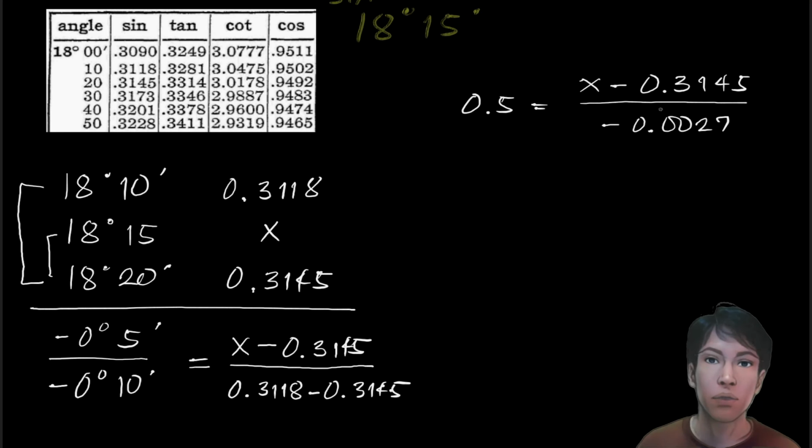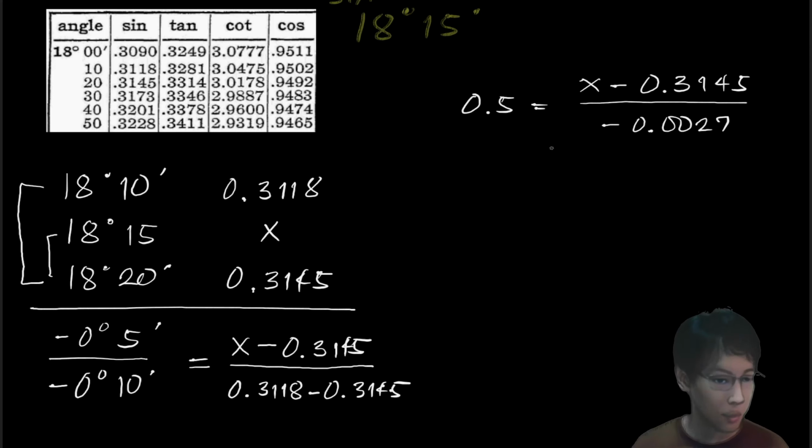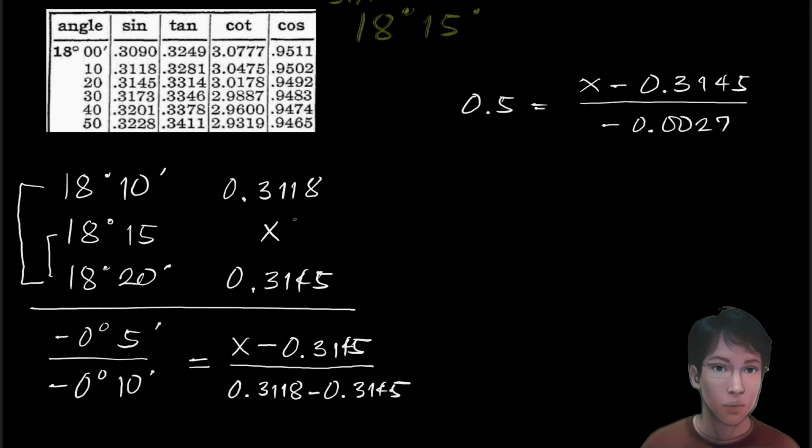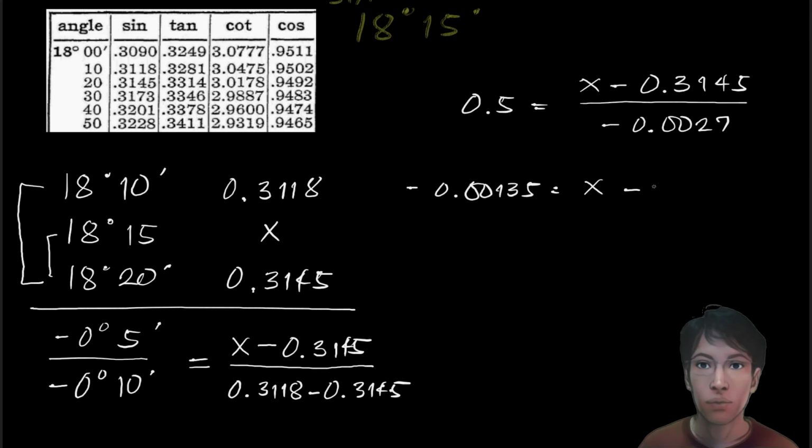And multiplying both sides of the equation by negative 0.0027, this gives us negative 0.00135, then x minus 0.3145.